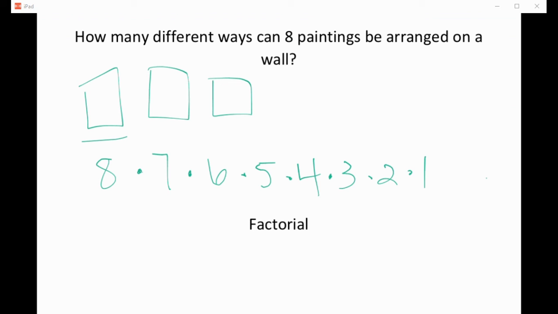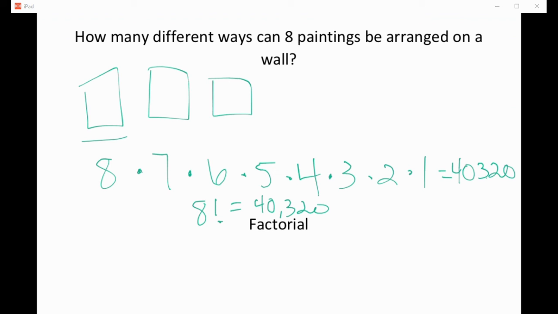So there's an easier way to write that. It's something called a factorial, where that's the same thing as saying 8 exclamation point. Those equal the same thing. So that's 40,320.